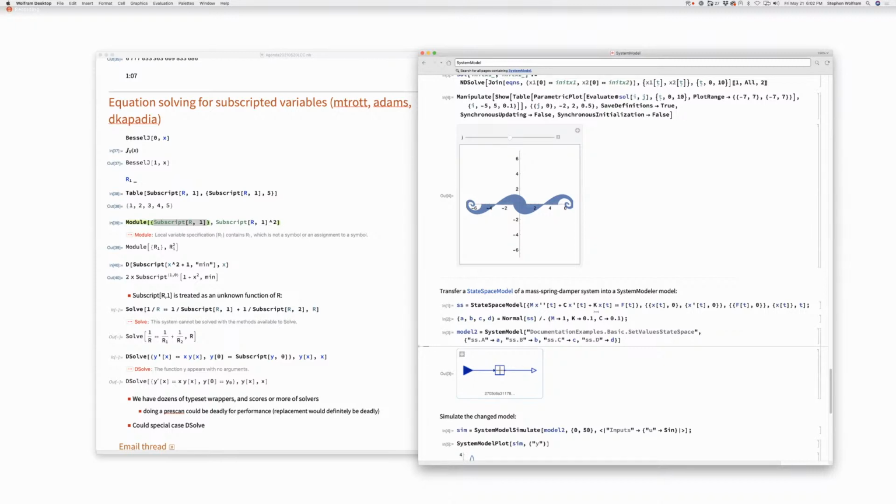And you could also solve for subscript of r1 or r2. It's when you mix a subscripted and non-subscripted variable that you get into trouble. This differential equation example further down shows people do that very frequently: they say y of 0 is y0. That's very common.